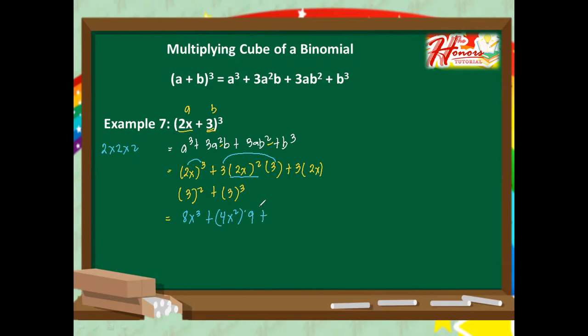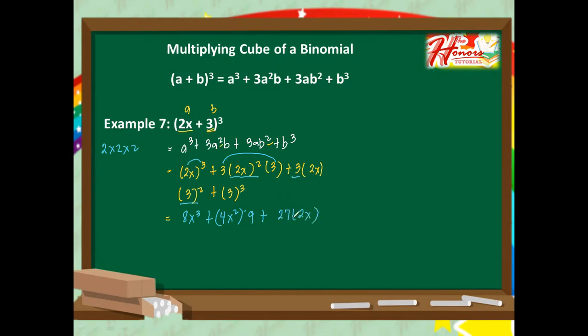Plus, simplify this first. 3 squared is not 3 times 2. No, it's not. 3 squared is 9. It is because the exponent is telling you how many times you are going to multiply the base to itself, and that's twice. So 3 times 3 is 9. Times 3, that's 27.